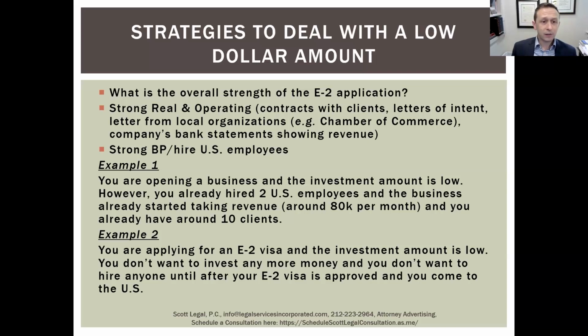So again, if you're working with a limited amount of funds, or you really have spent everything that this business needs and spending more really would be a waste, it is time to start thinking about how can I strengthen the application elsewhere? How can I really show that I have strong demand for my products or services? How can I show that I'm already employing a worker or an independent contractor, and focus on those aspects of the application.